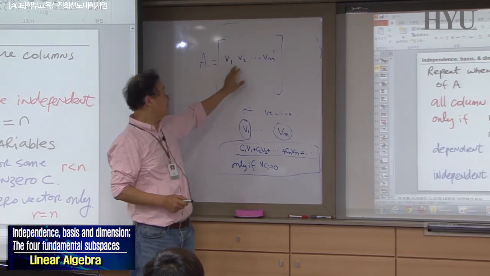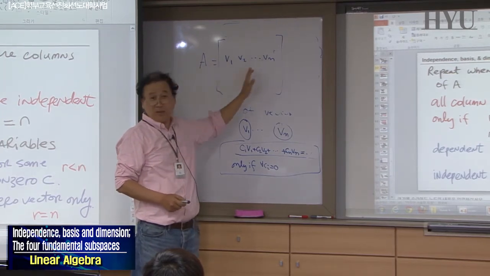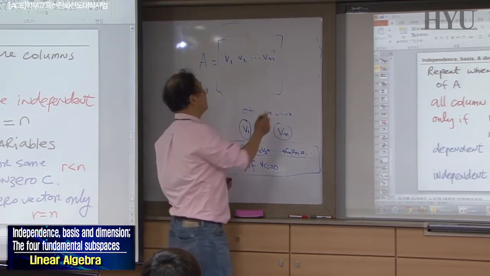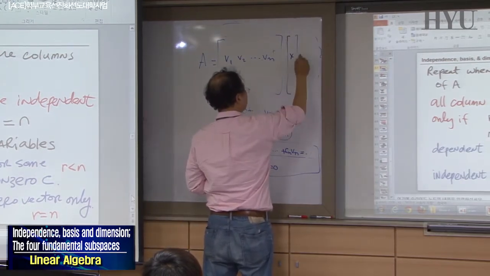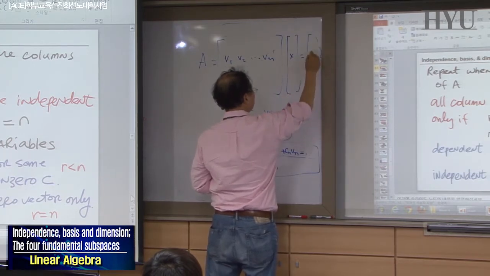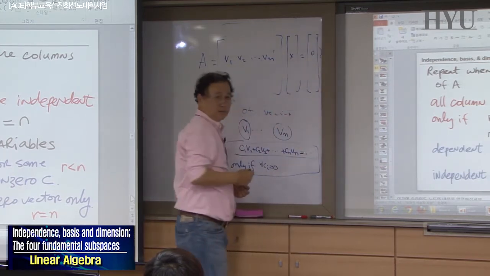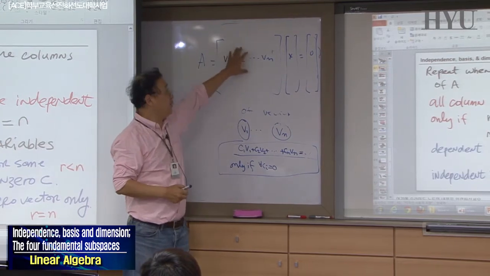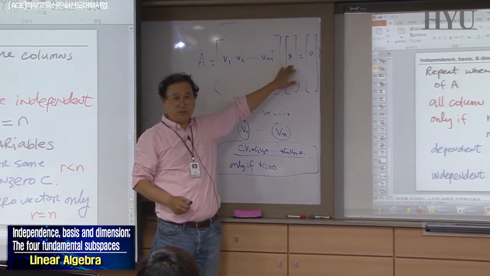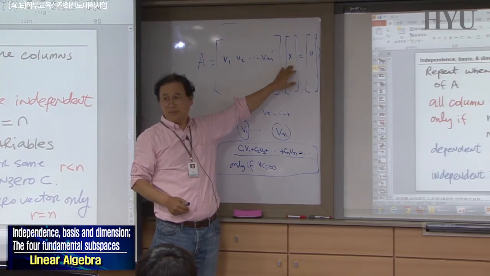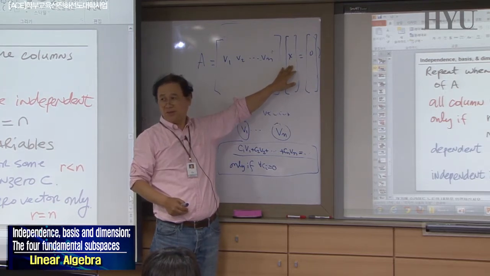When I say these are independent, it means, let's say this is x, and it becomes 0. If these are independent, the only solution is when x is 0. Can you understand that?